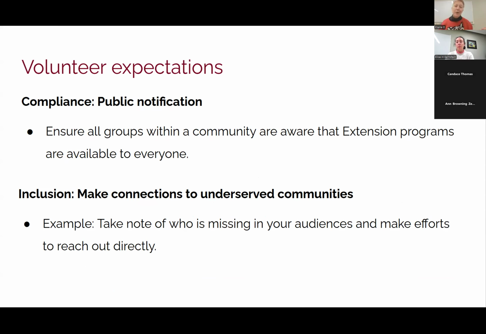So we want to ensure that all groups within a community are aware that extension materials are available to everyone. And in terms of inclusion, making those connections to underserved communities, just take note of who might be missing in your audiences that could be there, and try to reach out directly, to make sure that we can include and have these materials be accessible to as many people as we can.